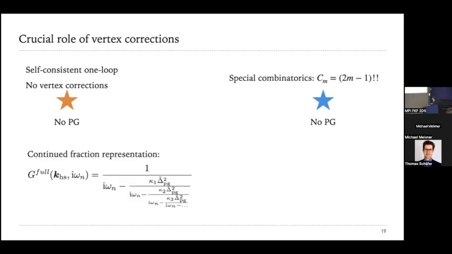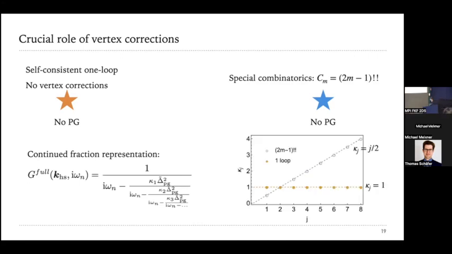And for both cases, it turns out it's convenient to understand them using this continued fraction representation, where what is important is the structure of these kappa factors. And this is a plot for the kappa factors, which for both cases fall into a straight line.